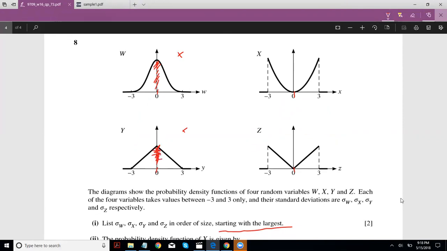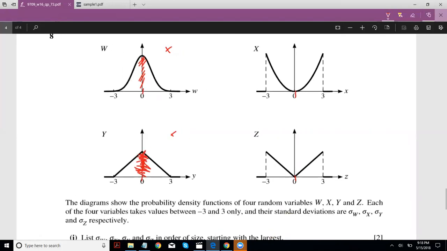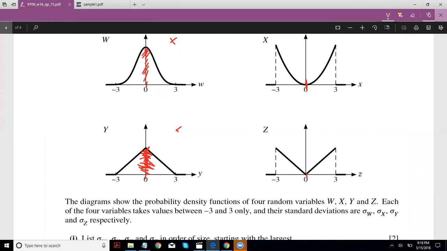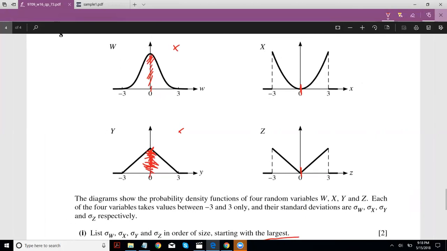A lot of the area is very close to the mean, as you can see. Here, really close to the mean, you have 0 probability. So with x and z, both of them have a lot of probability, a lot of area towards the extremes.